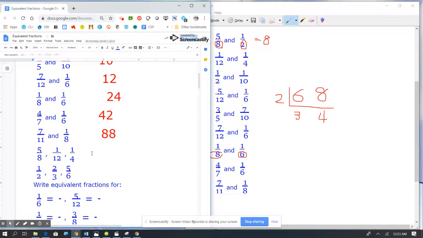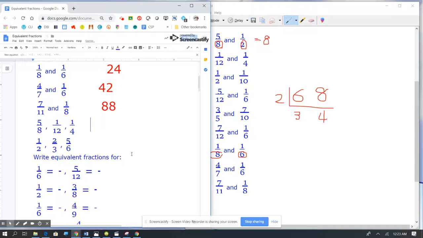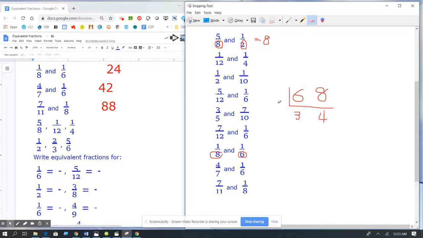Now for this one, you think about 8, 12, and 4. You will take out all the 4s.